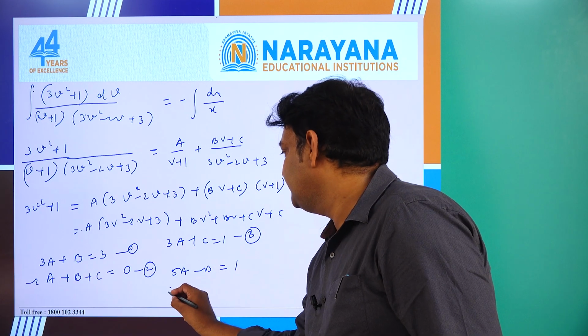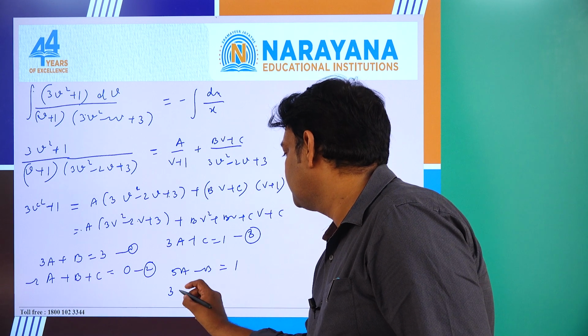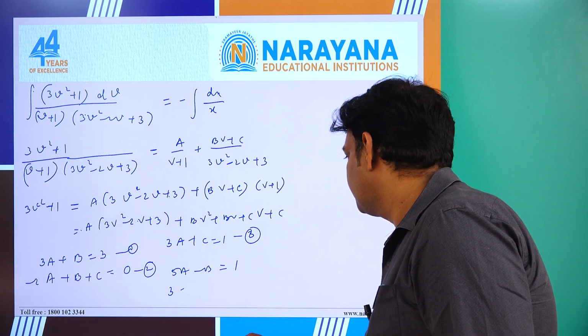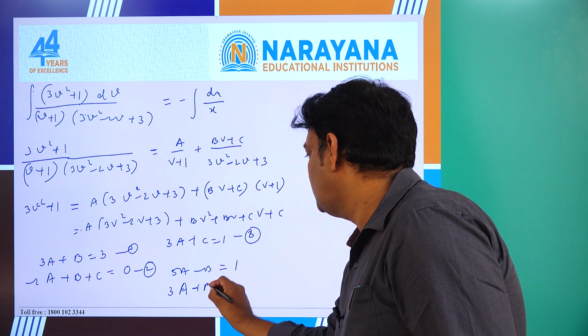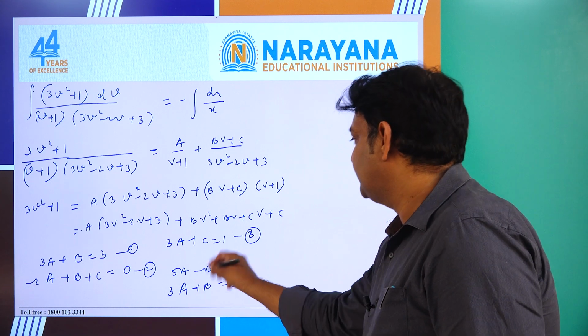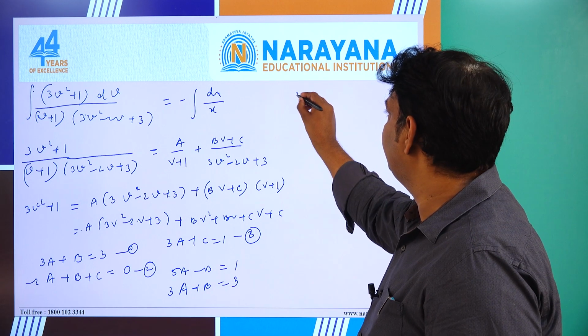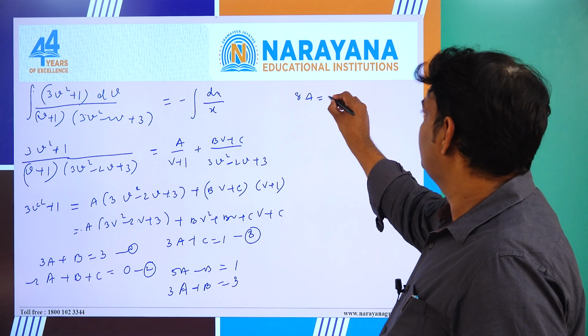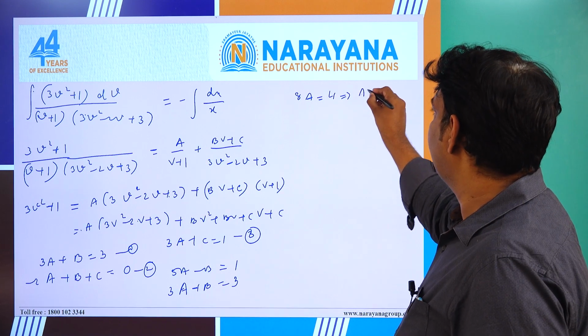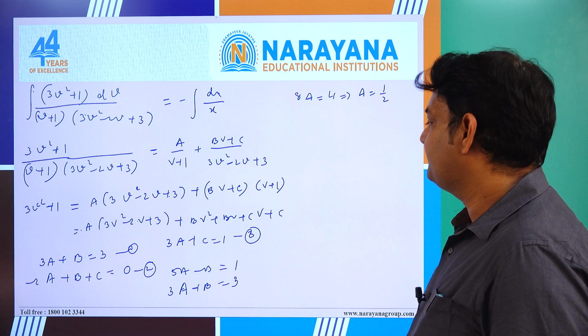And we have 3a plus b, how much? 3. Let us add: 3 plus 5, 8a is equal to 3 plus 1, 4. So what is the value of a? 1 by 2.